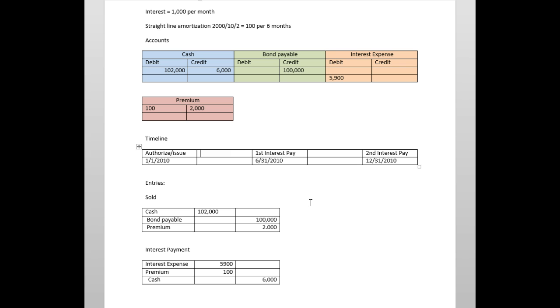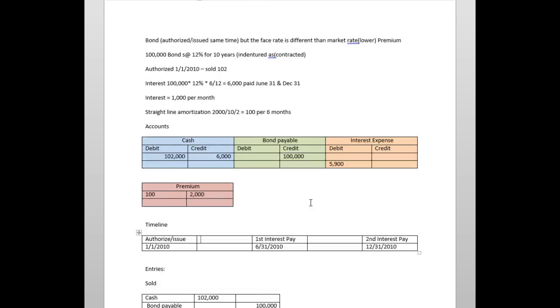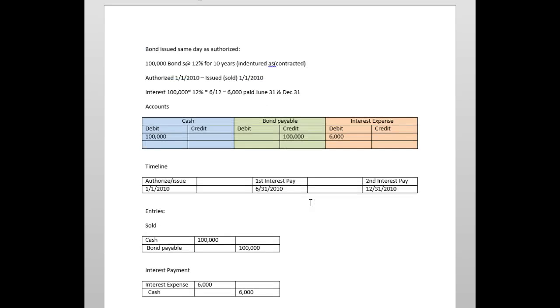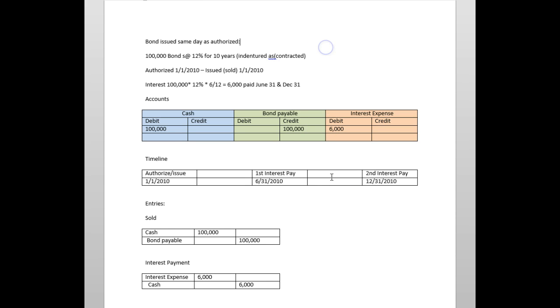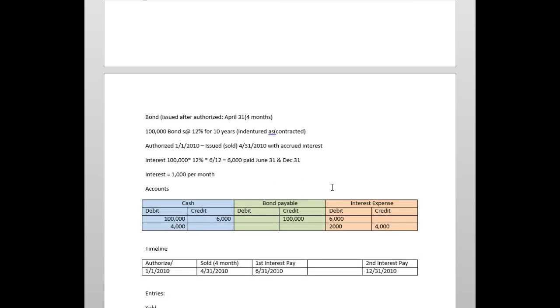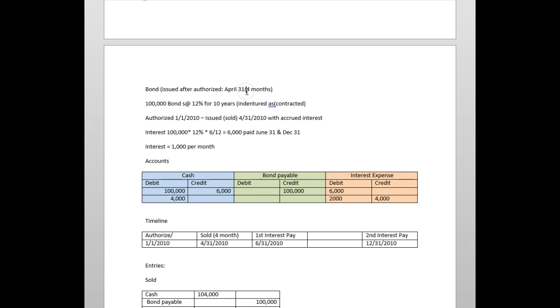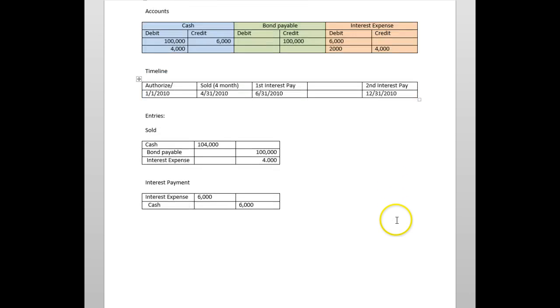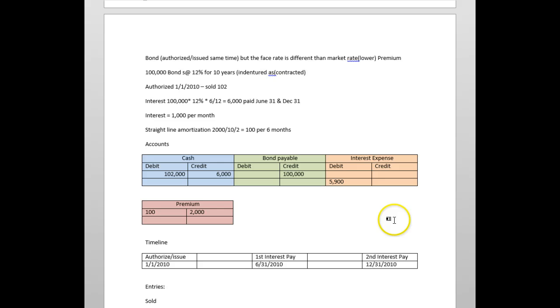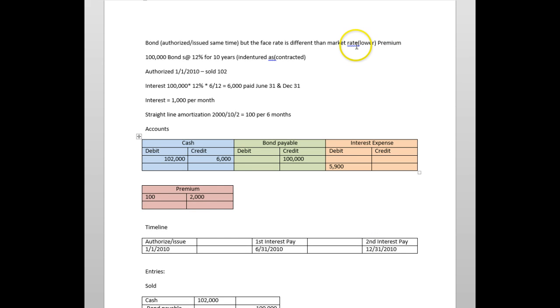So you can see why these are so confusing, because you're dealing with a very straightforward transaction. We add in a timing difference, and when you buy it, and then you add in a market rate versus face rate. So there's 3 or 4 variables that you're trying to keep track of.